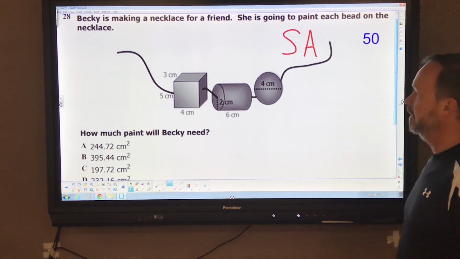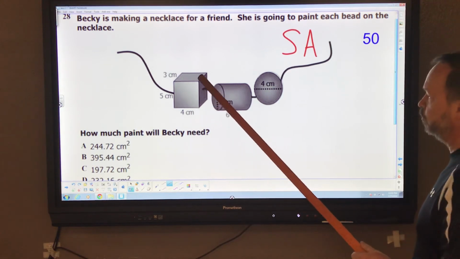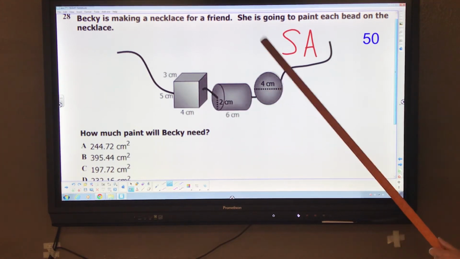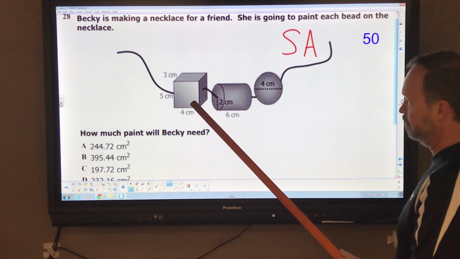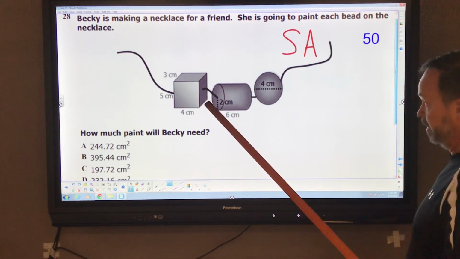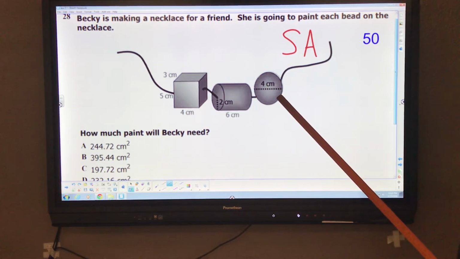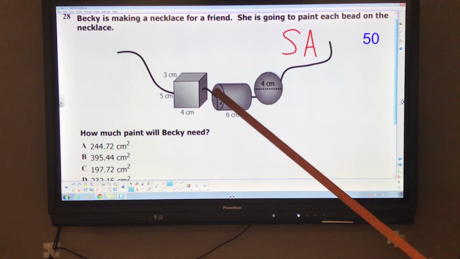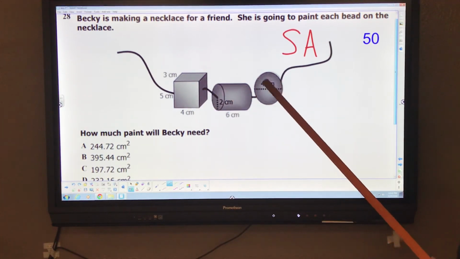Surface area. And there's no shortcut to this. You're gonna have to do surface area for 1, 2, 3 pieces. You're gonna have to do surface area for this, which is a rectangular prism, this, which is a cylinder, and this, which would appear to be a sphere. So you got these 3 things you have to do, surface area for each one of them. Watch your measures.